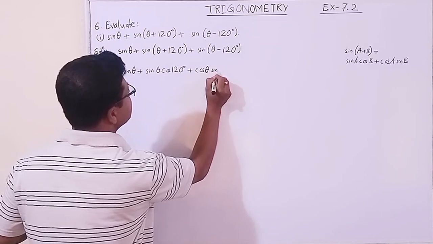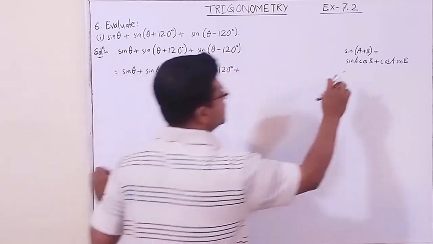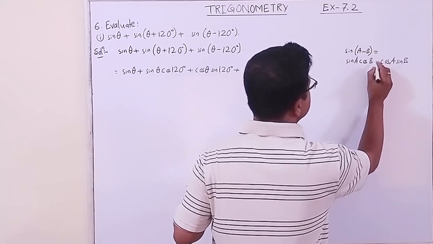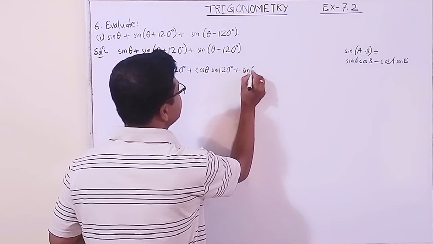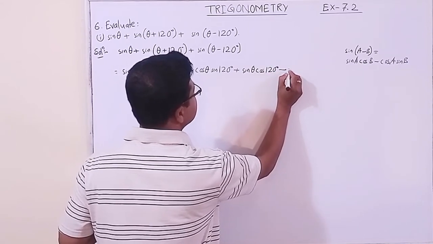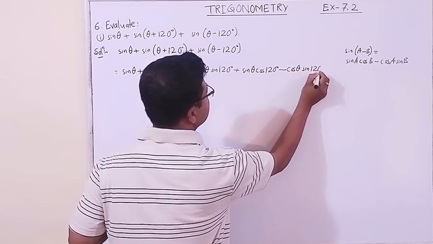Then this is of the form sin(a minus b). If it is a minus b, only difference is this will be minus, nothing else. So this is sin a cos b minus cos a sin b.